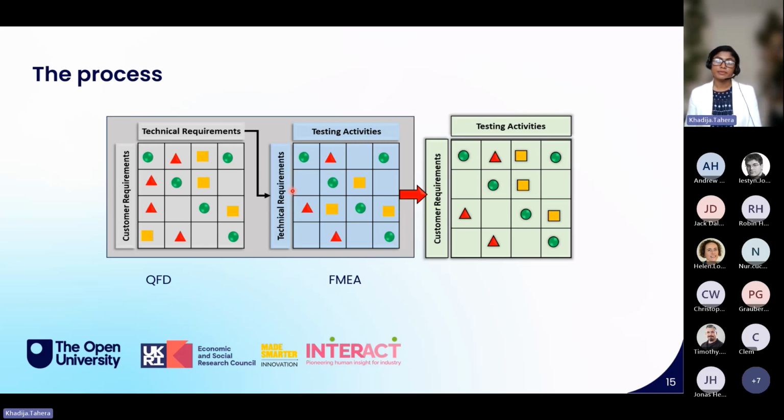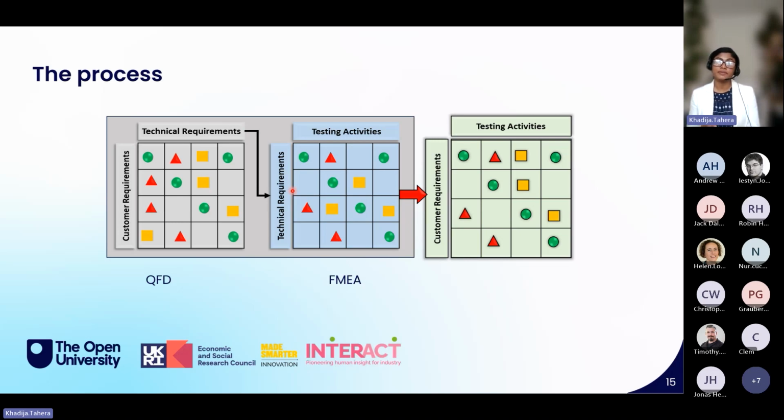Now, to explain that, we take the concept of FMEA, failure mode effect analysis, which, if you are familiar with, you can use. But if you don't know, we simplified the process again. First, we identify the technical requirements from an engineering point of view. How critical is that? So we call it criticality analysis. If this fails, what will happen?